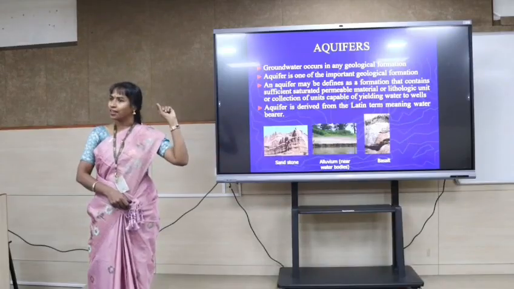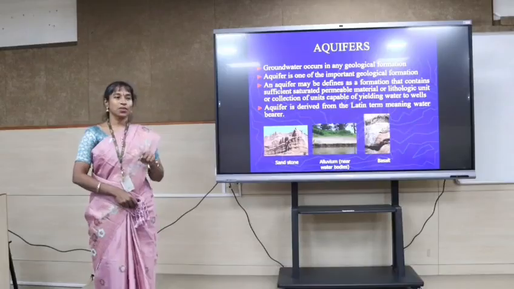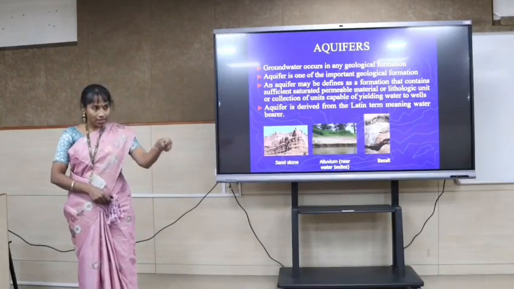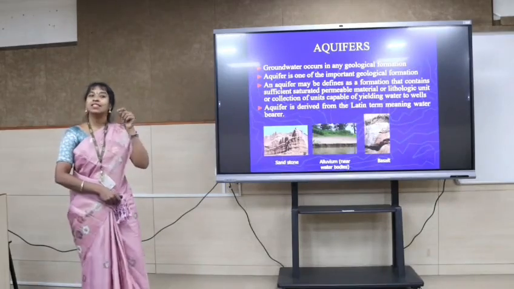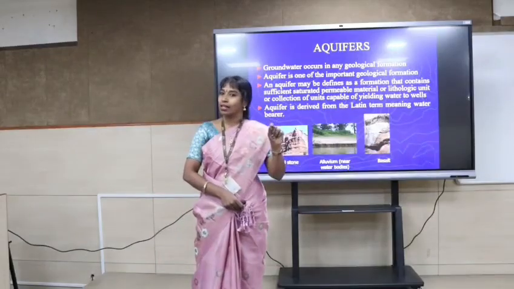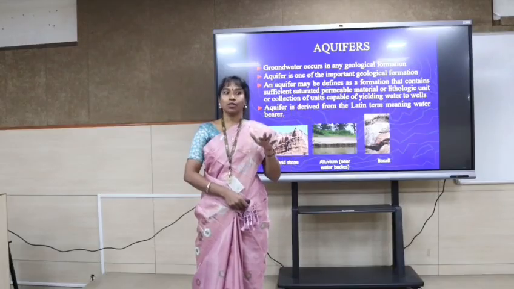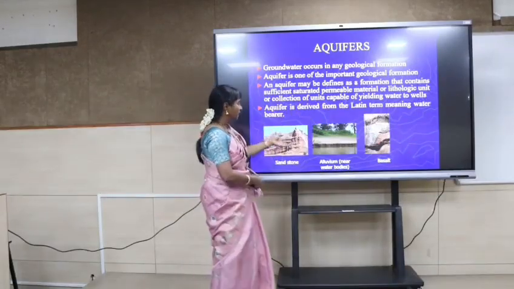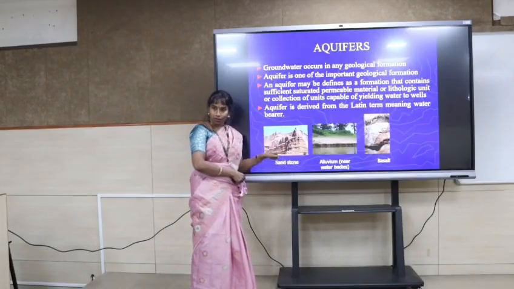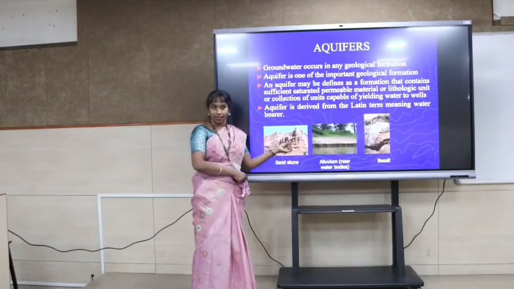Do they all have the capability to store the water? No. So the geological formation which is capable of storing the rainwater is called an aquifer. Okay, so in that also you have many types. Example, sandstone. Though it is written as stone, it has many pores within it.